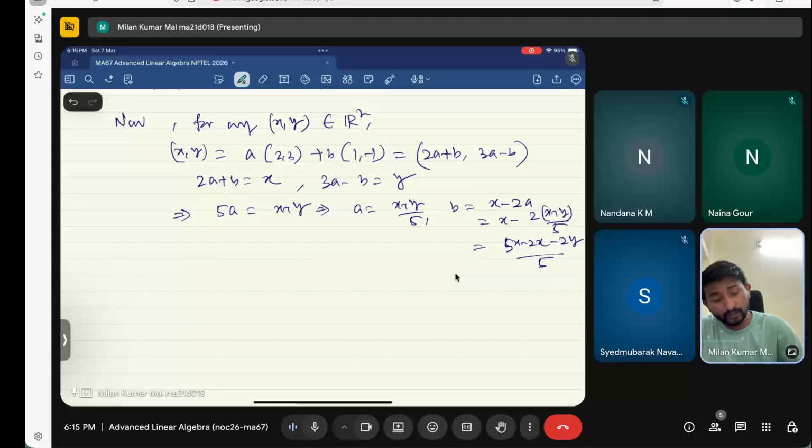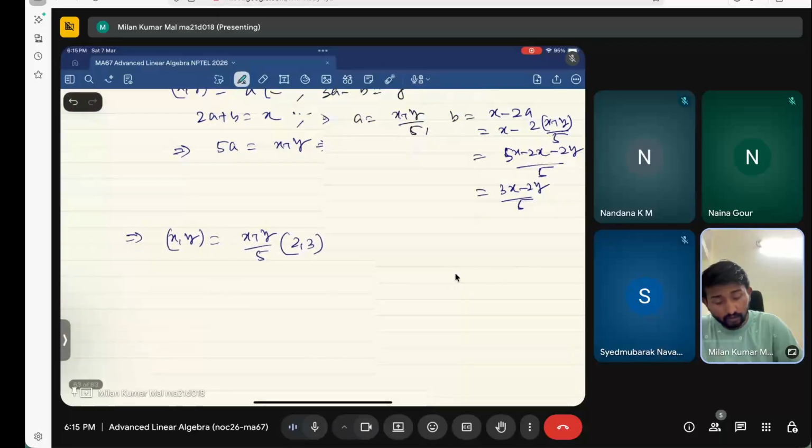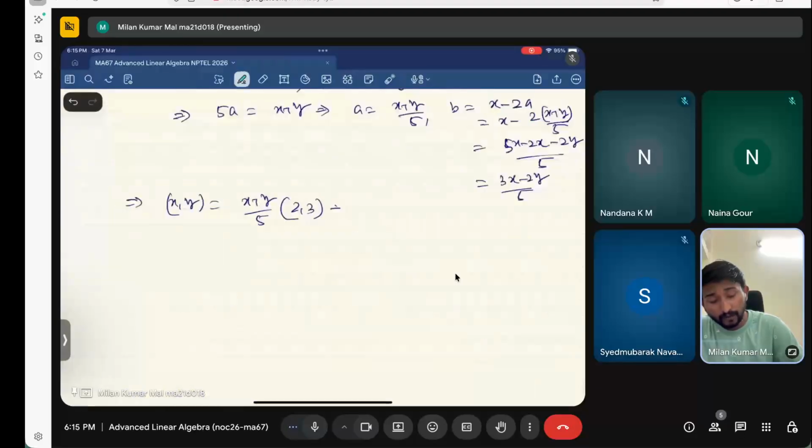That will give me b equals (3x minus 2y) by 5. So this is what a and b are. That implies (x, y) can be written as (x plus y) by 5 times (2, 3) plus (3x minus 2y) by 5 times (1, -1).